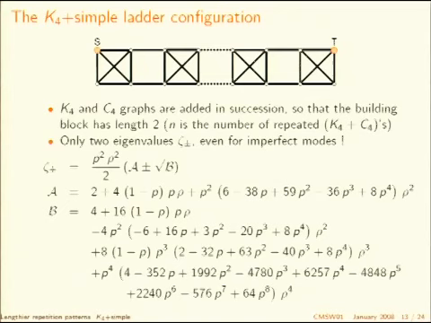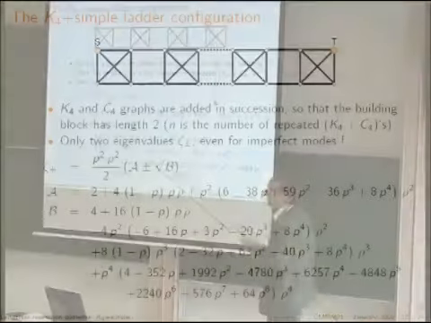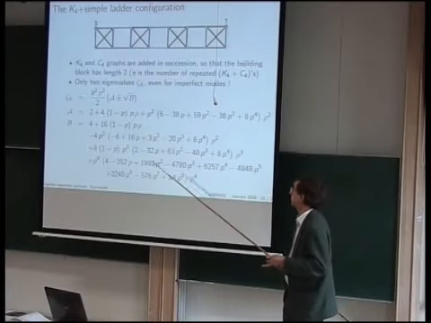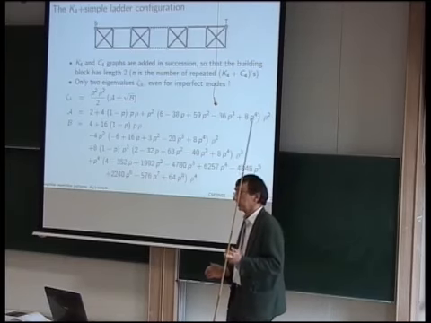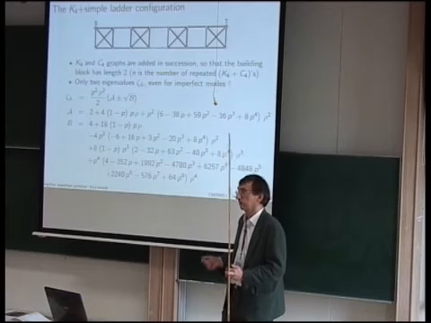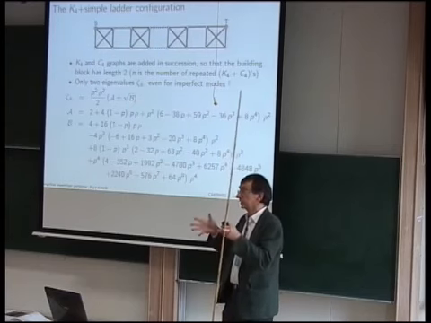In that case, you could say, well, maybe we have 5 or 4 or 3 eigenvalues. But even for imperfect nodes, you have only 2 eigenvalues. I've written them here, so they give you an idea of what's happening. Of course, these eigenvalues are not as simple as what happens for the chromatic polynomial, because they are not very simple polynomials.